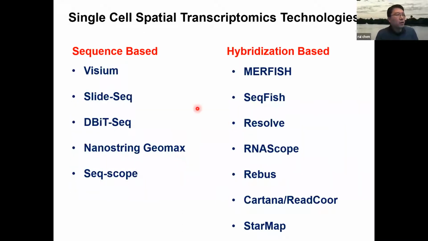So we started looking at what technologies are available to do that. Based on the technology, we can roughly divide them into 2 different groups: one is sequence-based, one is hybridization-based. Among the sequence group, you somehow isolate either a small group of cells or individual cells, isolate their RNA, make cDNA and sequence, just like single cell RNA-seq, but you maintain the spatial information.